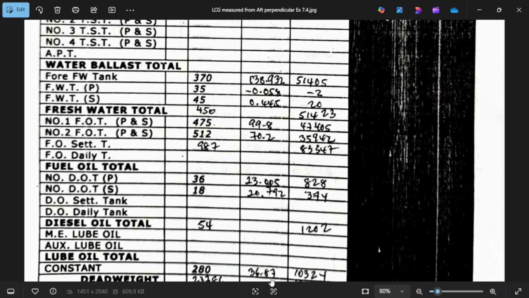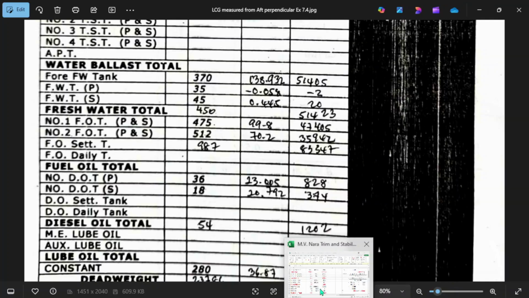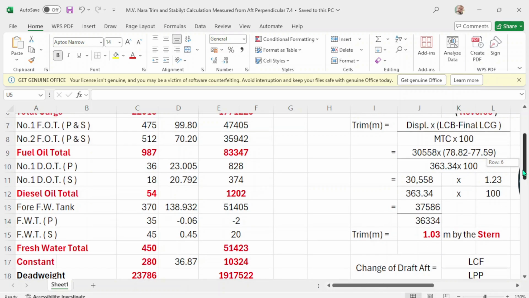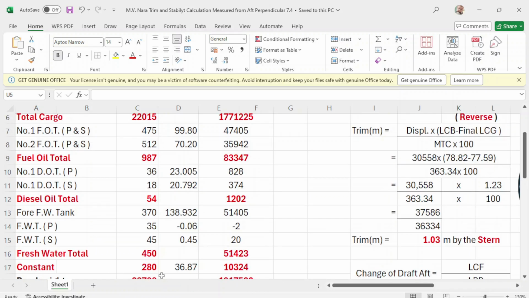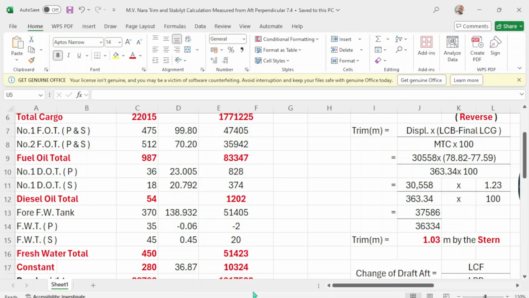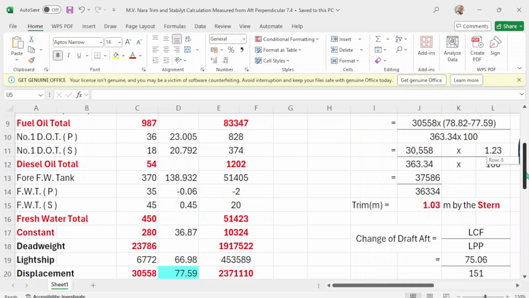The LCG is 3687, and the LCG moment is 10324. Okay.